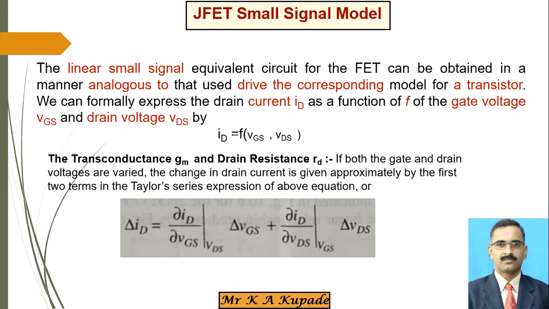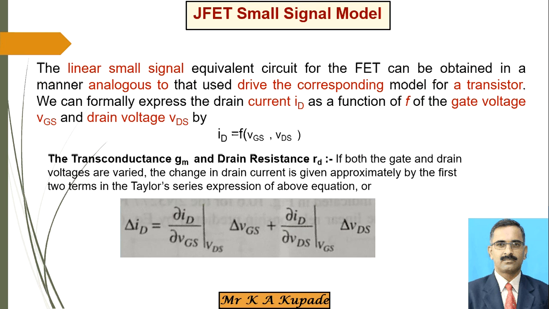In this case, we can formally express the drain current ID as a function f of the gate voltage VGS and drain voltage VDS, which is given by ID = f(VGS, VDS).